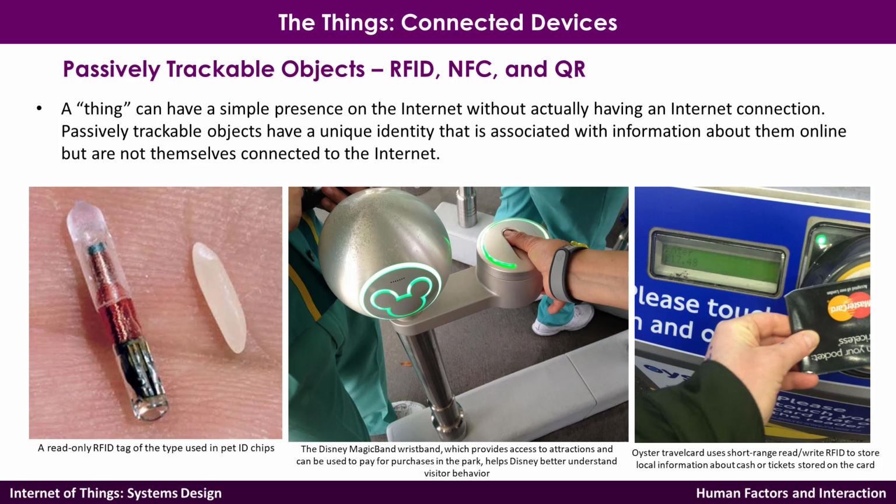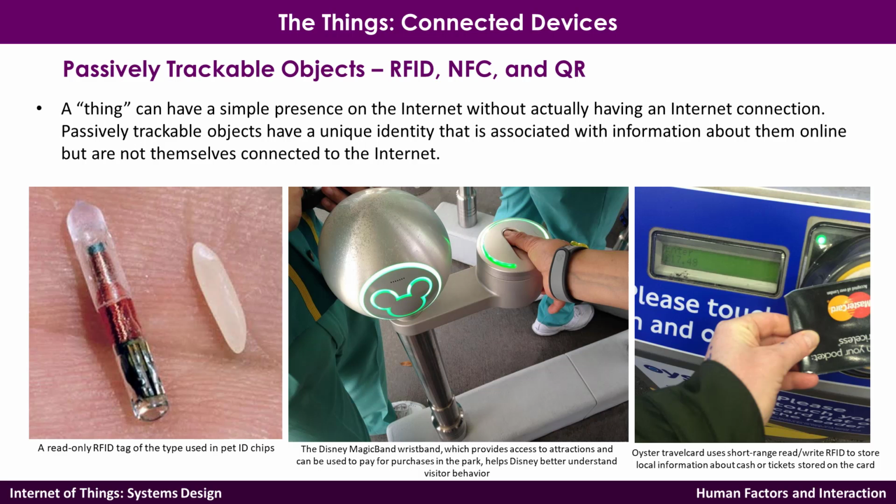Passive trackable objects are the last category of devices we identified at the beginning. So we already talked about general purpose computers, embedded devices, and connected sensors, and then the last type of device or thing is passive trackable objects.